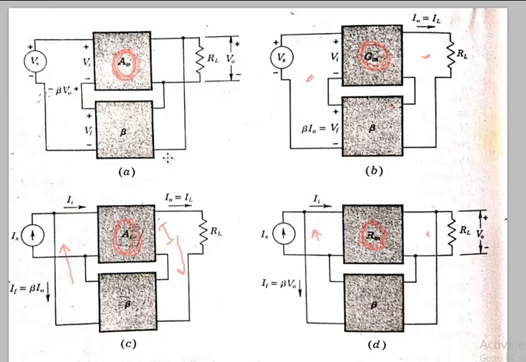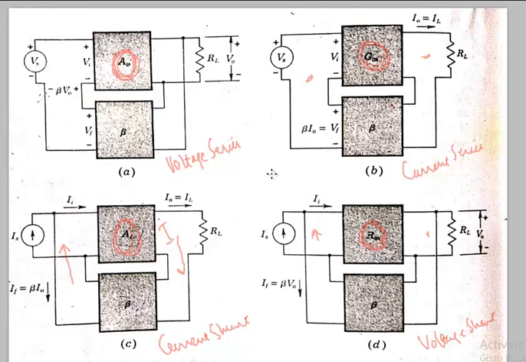So this becomes a voltage series, and this becomes current series, and this becomes current shunt, and this becomes voltage shunt feedback.